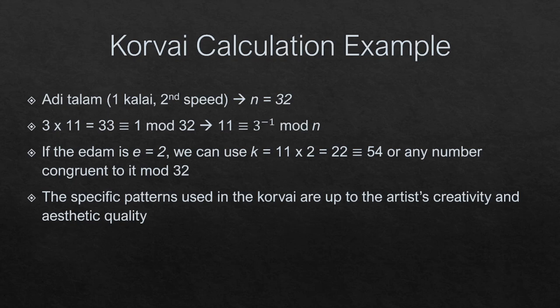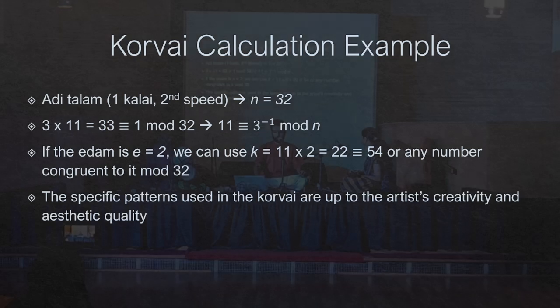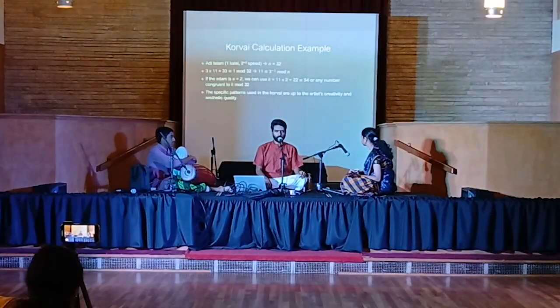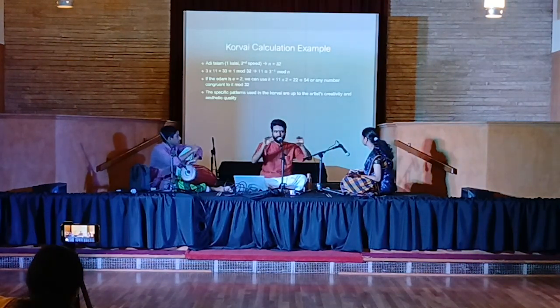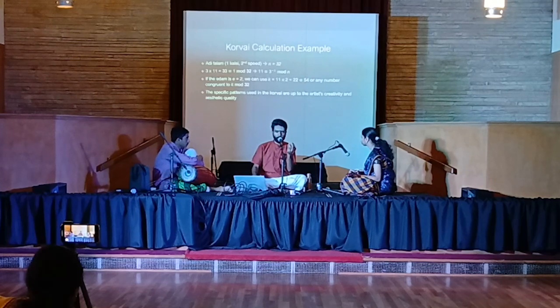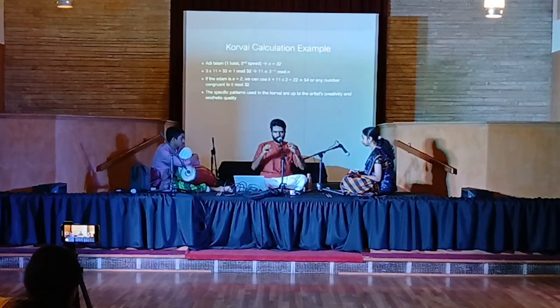We just have to multiply the offset 2 times the inverse of 3, which is 11, which is 22. Well, 22 is kind of an unwieldy number because its only factors are 11 and 2, so you can't really divide that further. And usually you want these patterns to not just be some random string of notes, but to have some structure. You want the cycle itself to be further divisible.